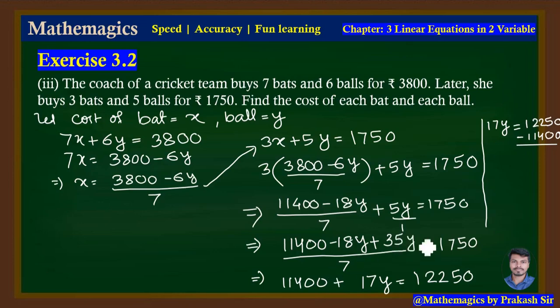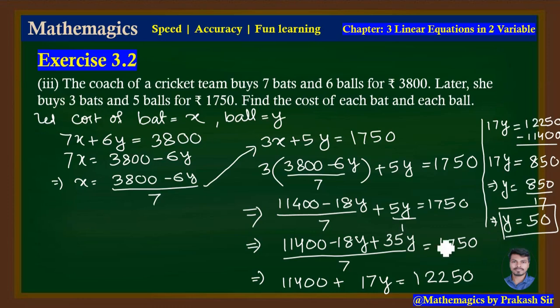So answer is coming 17y is equal to 850 only. Implies that y is equal to 850 divided by 17. So answer is coming y is equal to 50. So obviously we got the answer y is equal to 50.